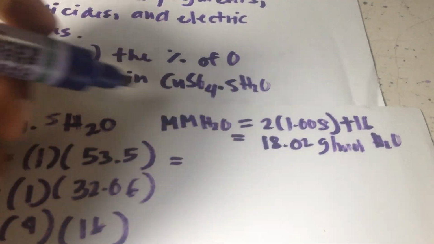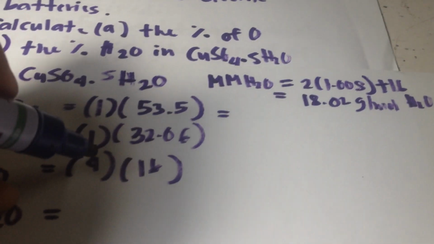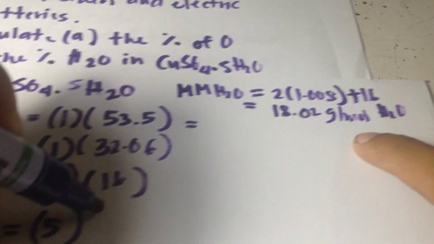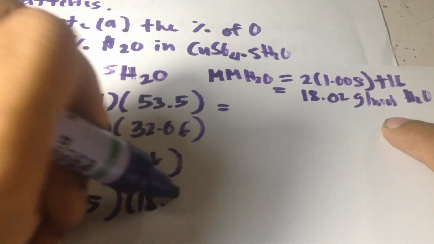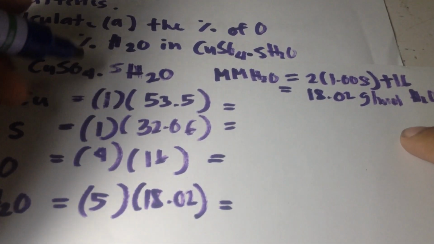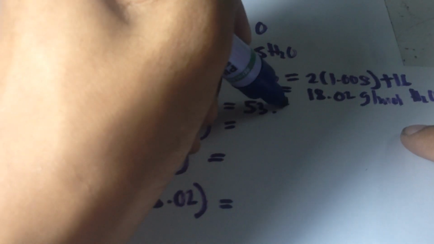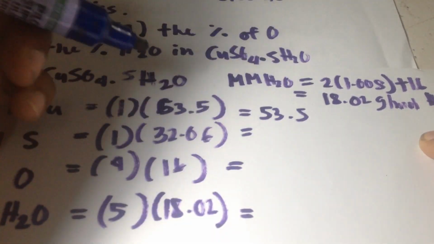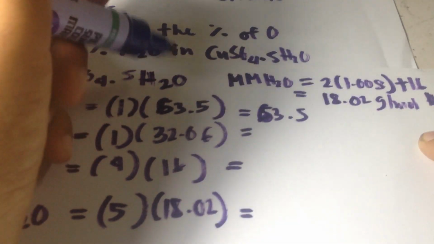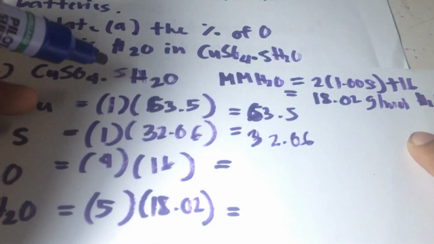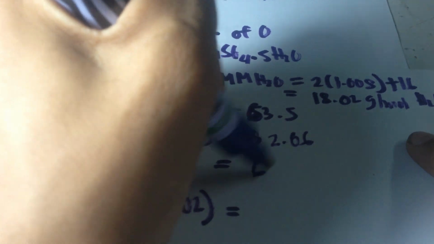So in here, 5 times the molecular mass, which is 18.02. So 1 times 63.5, I'm sorry, this is 63.5, not 53.5. 1 times 32.06, which is 32.06. 4 times 16, which is 64.